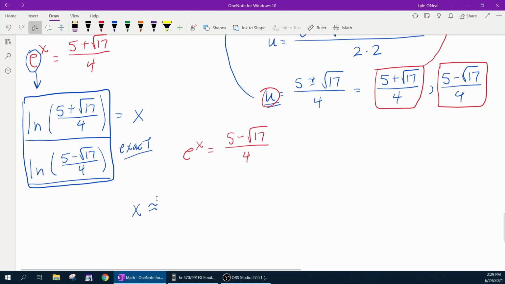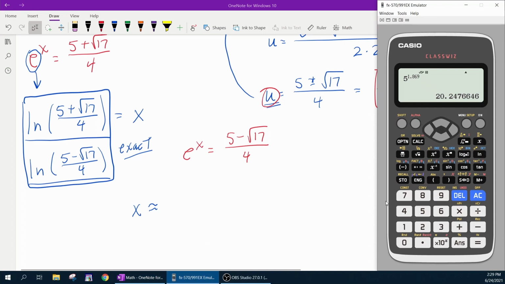If I want the approximate answers, I'm going to need to bring up the calculator and calculate natural log of a fraction. 5 plus square root of 17. Move over twice to the bottom. All over 4. Please don't forget to move over and close your parenthesis. Equals.